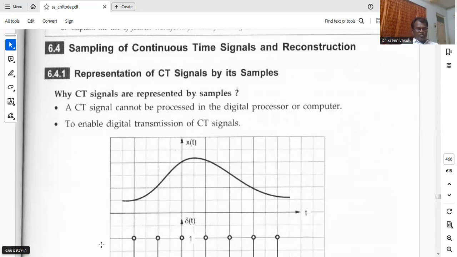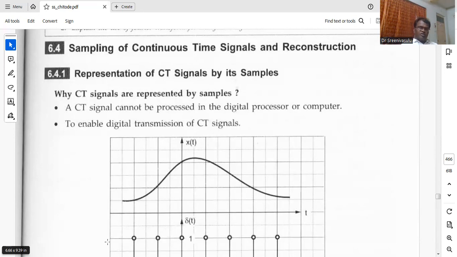The idea is we know a periodic impulse train. You consider that periodic impulse train with fundamental period Ts, and if you multiply this periodic impulse train with the signal x of t, we are going to get a discrete time signal.